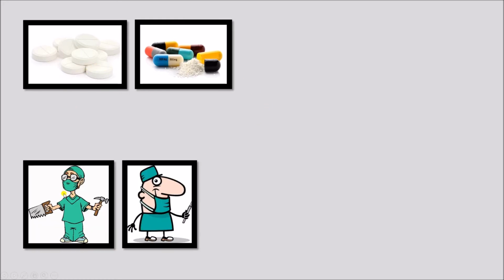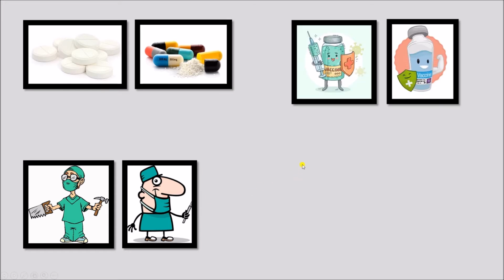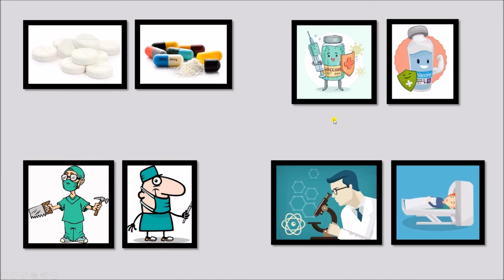So clinical trials can be used to compare between treatments, for example drugs, or maybe two different surgical approaches for a particular disease. It can also compare between vaccines or other preventive measures to prevent any particular disease, and sometimes between investigations for any particular disease.